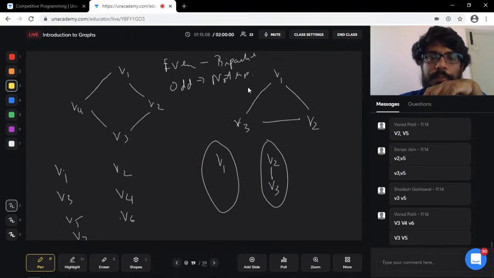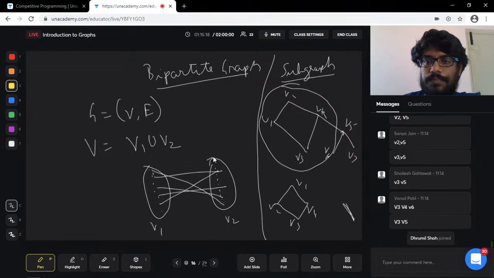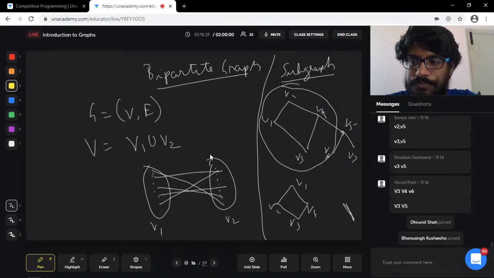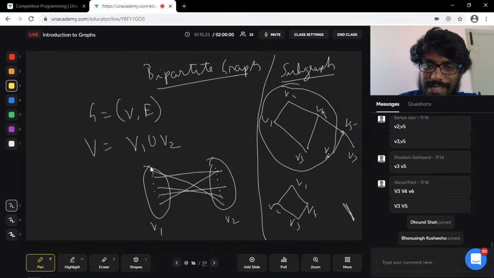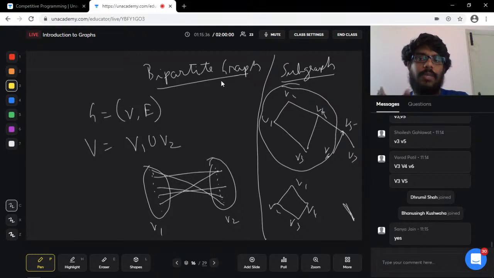So now let's go back to bipartite graphs. Do you see that V1 is basically an independent set and V2 is also an independent set, right? Because this is a set of vertices such that amongst any two of them there is no edge, and similarly for this one. So now that we know the definition of independent set, we can rephrase the definition of bipartite graph: any graph which can be partitioned into two independent sets is a bipartite graph.